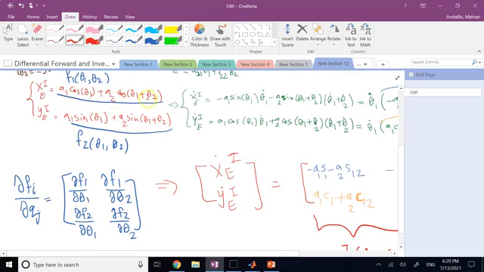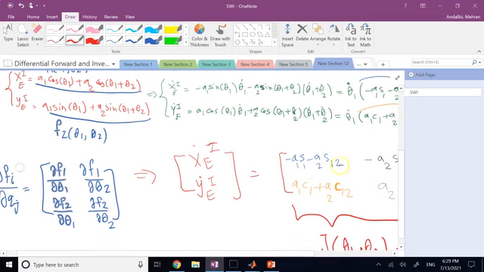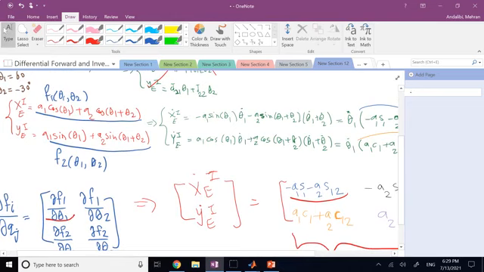Derivative of that is negative a2 sine of this whole thing, theta 1 plus theta 2, which if you look at it, it's exactly this guy. So this one, for that f1, is going to lead to this.